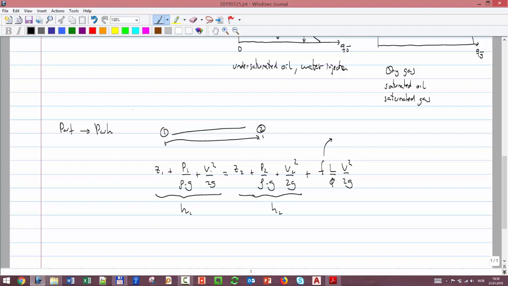Again, going back. It depends on the Reynolds number. And the Reynolds number depends on density, diameter, velocity, and viscosity. And then you have the relative roughness that depends on the roughness divided by diameter.